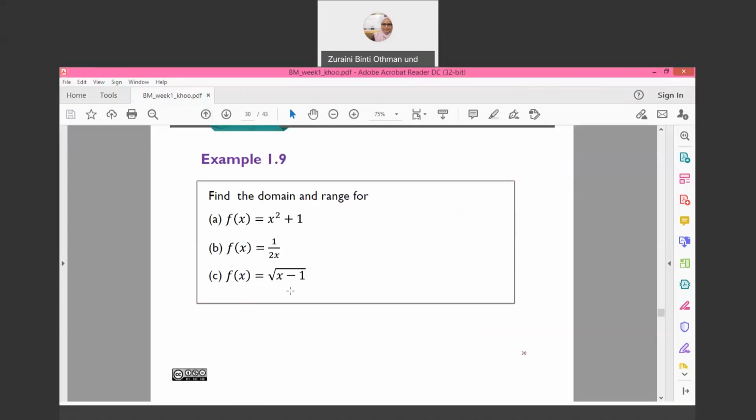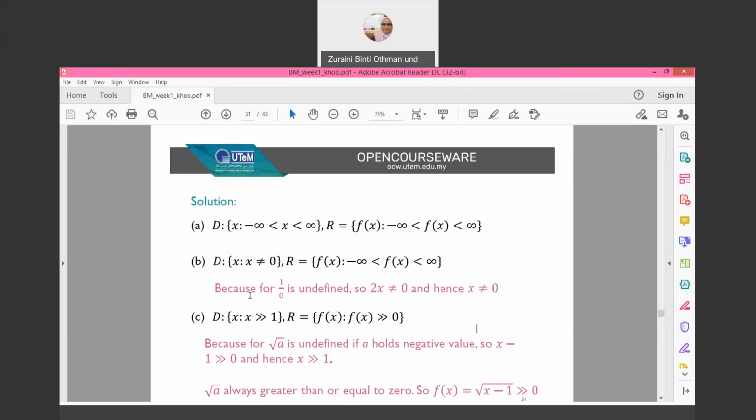For 1 over 0 is undefined. So 2x is not equal to 0, then the domain x is not equal to 0. So it's defined. Any number except 0. Domain untuk yang kedua tadi. Any number except 0. Okay, so then kat here, for f(x) dia, julat dia, range, which is from negative infinity until infinity.